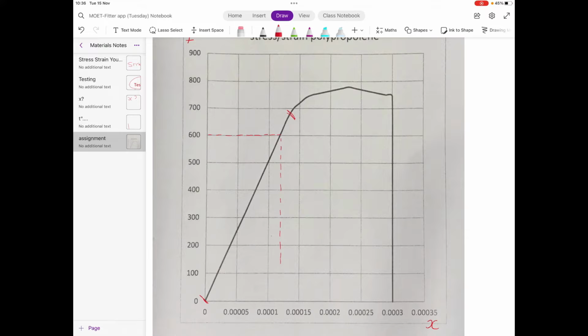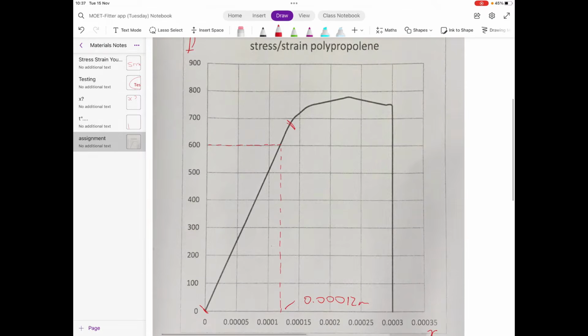Best if you use a ruler, and say that's 0.00012. That's where my point is there. And that's in meters, and 600 newtons. So I can do my calculations.